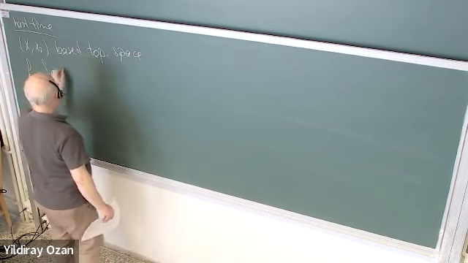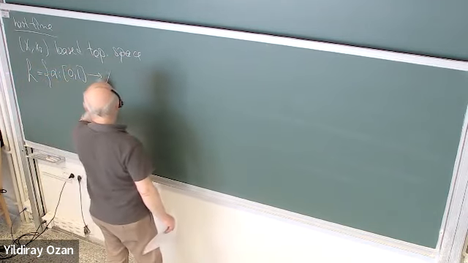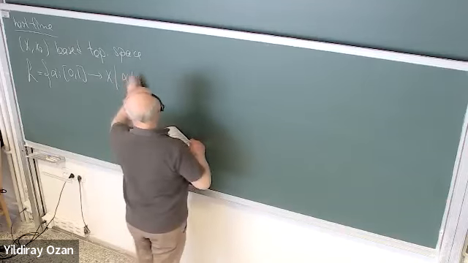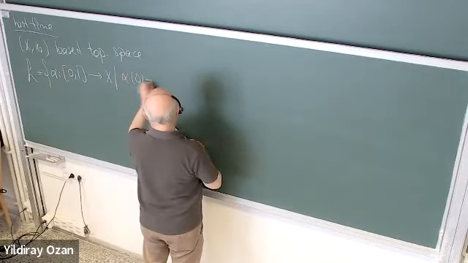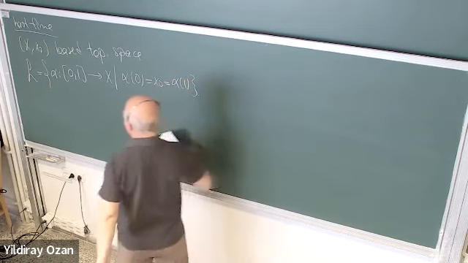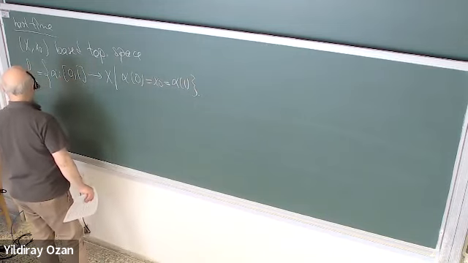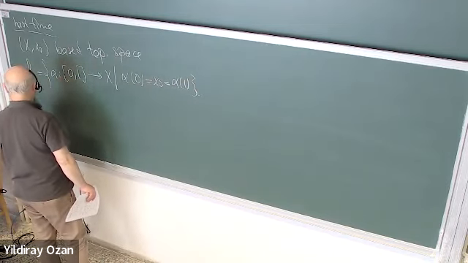So this is just the set of loops starting and ending at the point x0, and then we defined an equivalence relation on this, the homotopy relation.